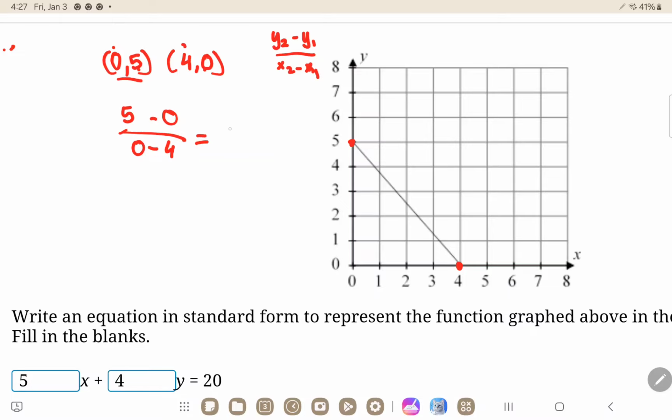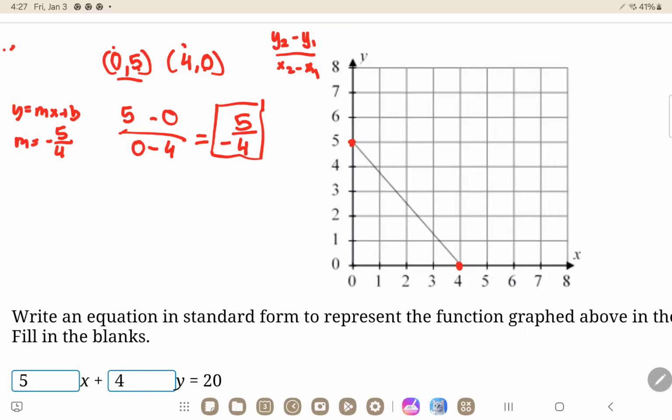We get 5 over -4, so -5 over 4, and that's our slope. Because it's y equals mx plus b, m is -5 over 4.